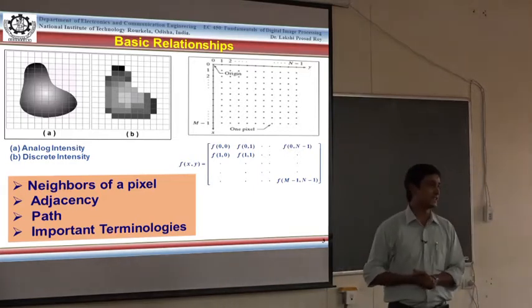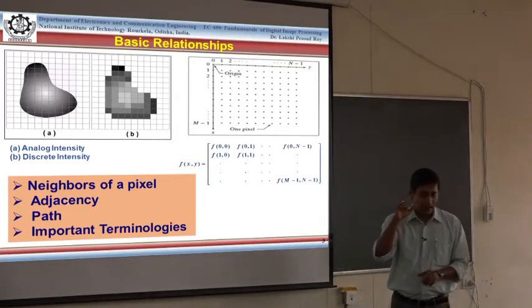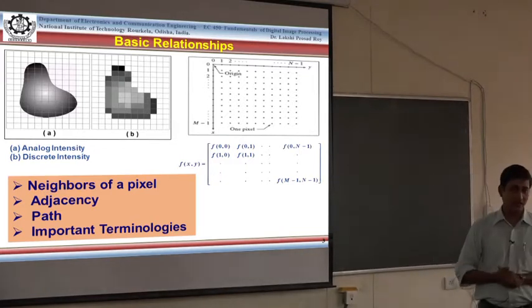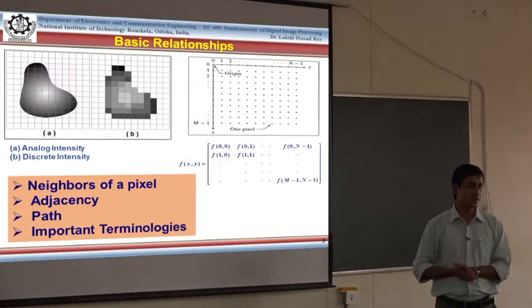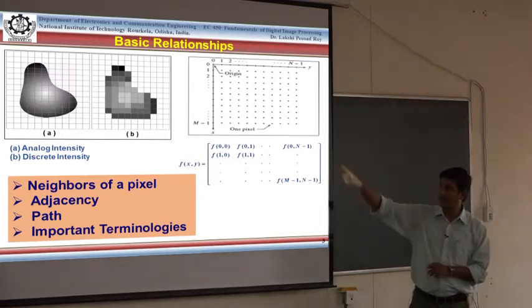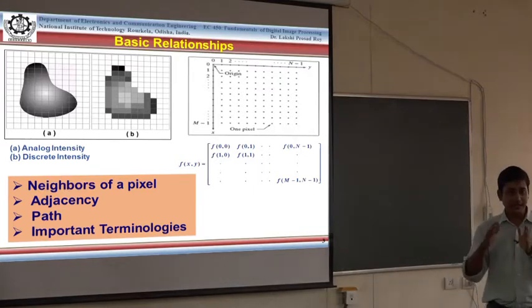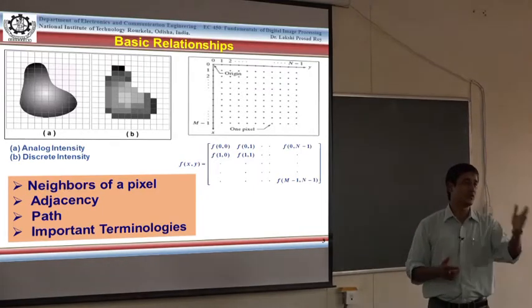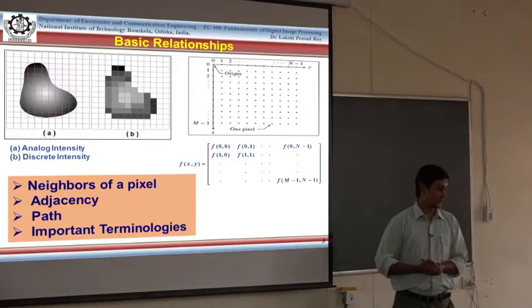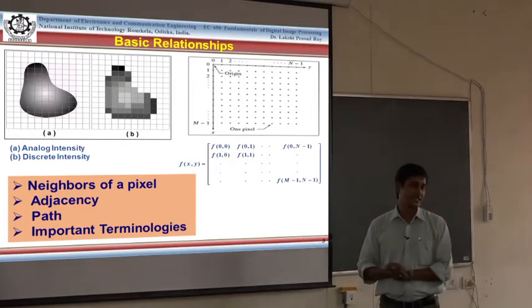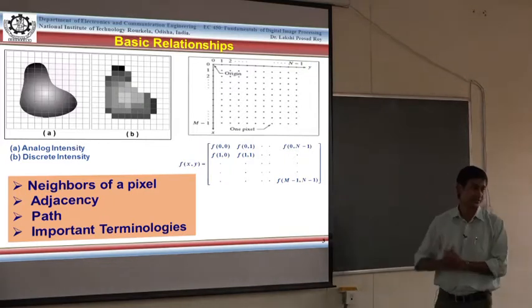Now you have discretized them depending on your ability to define the smallest area of the total area, so that you can define the full area given there, and each individual area has the same intensity, which can vary only if you go to the next square unit. That is called the discrete intensity values.